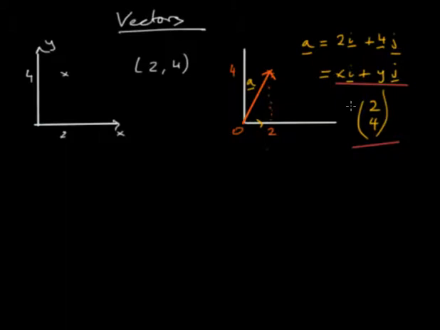Okay, so what kinds of things do we use vectors for? They're super useful, especially in physics and in engineering, we use them for things that have a direction and a size, what we call the magnitude of the vector, which is the length of this arrow here.